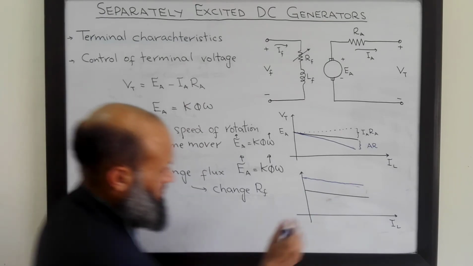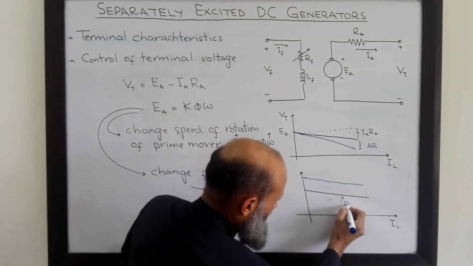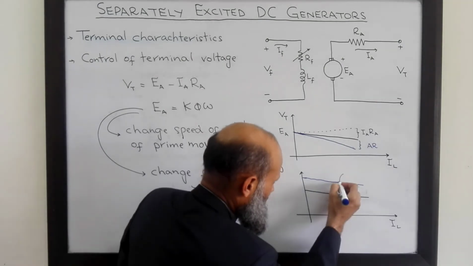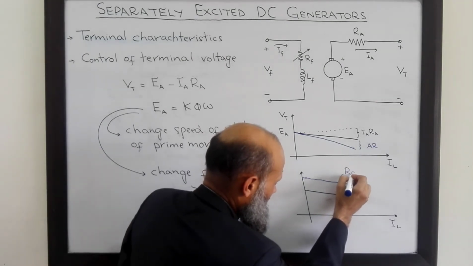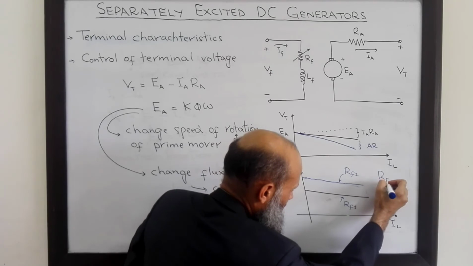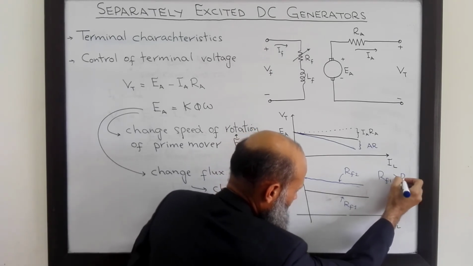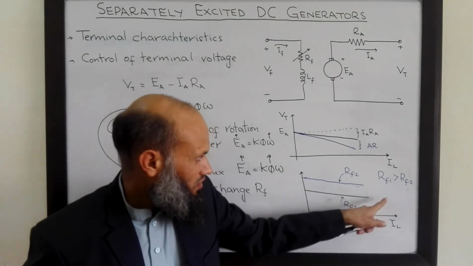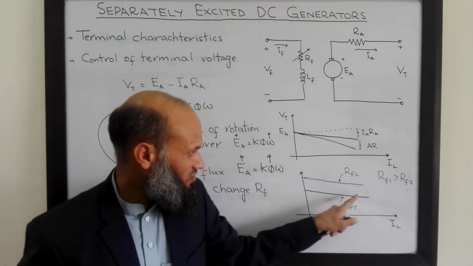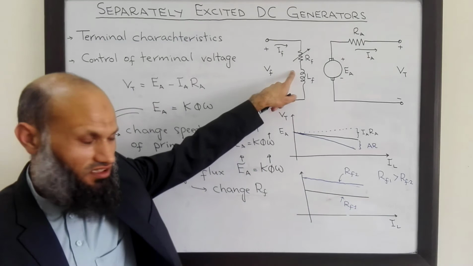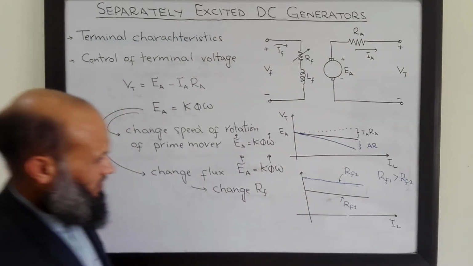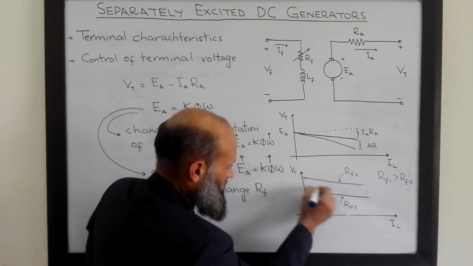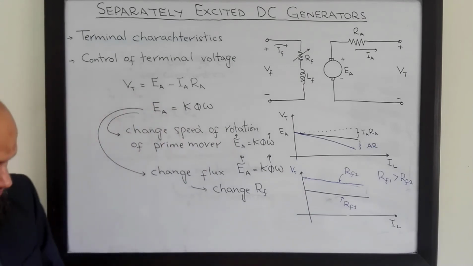So this is, let's say, for RF1, and this is for RF2, where RF1 is greater than RF2. That is, if we decrease field resistance, field current will increase, and thereby it will increase the terminal voltage.